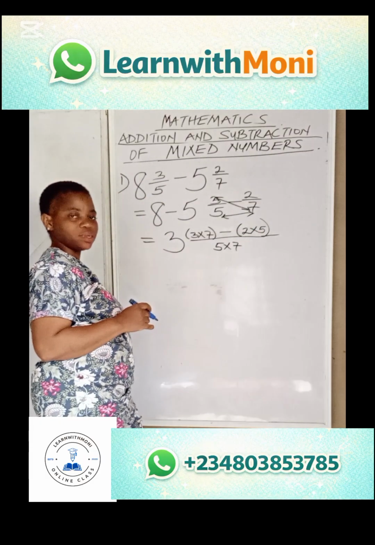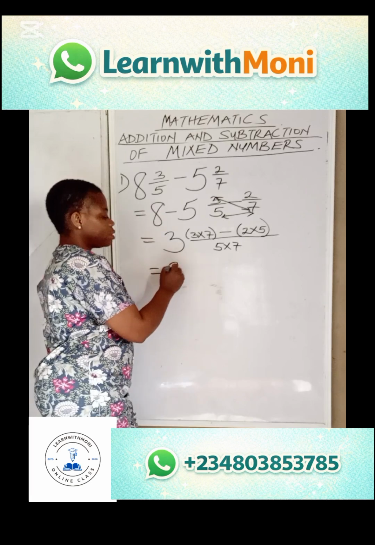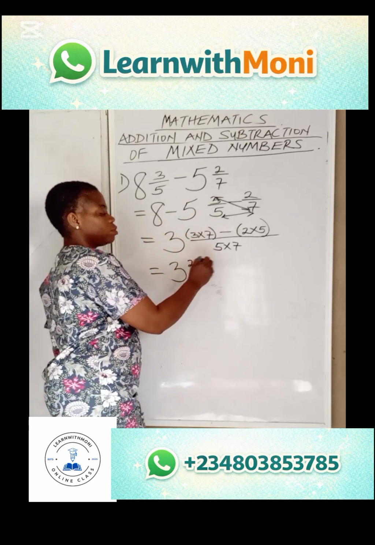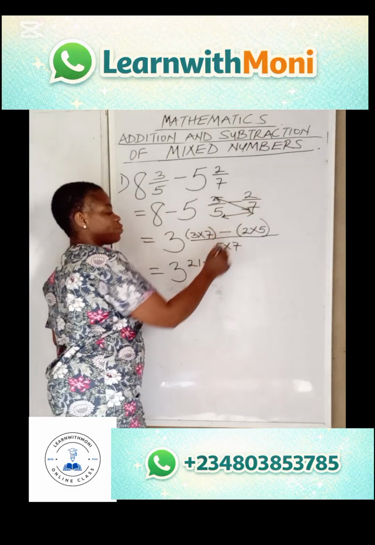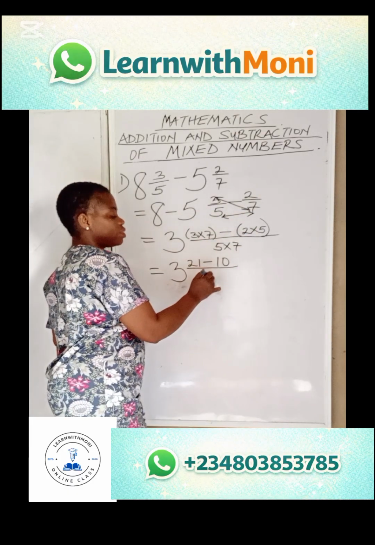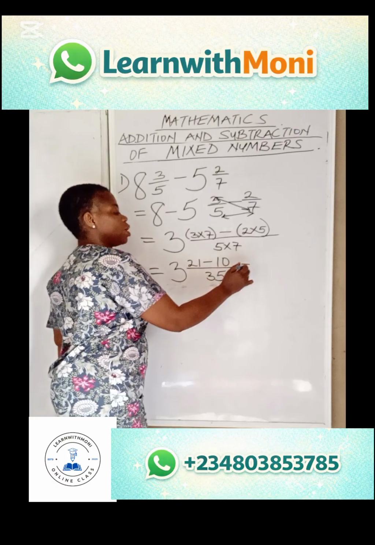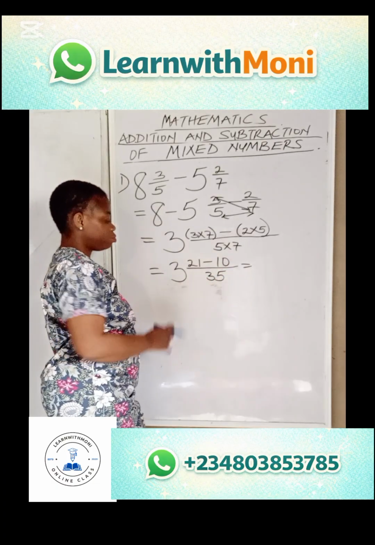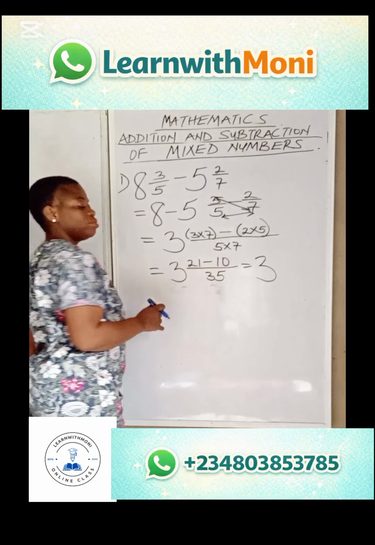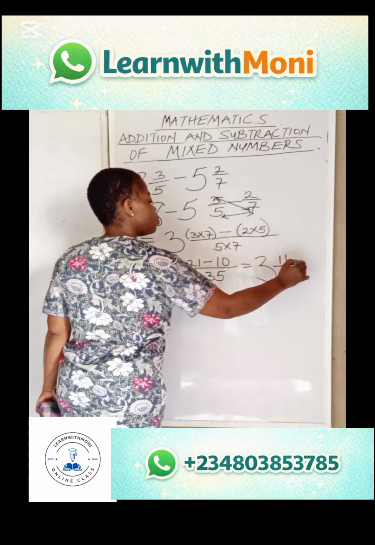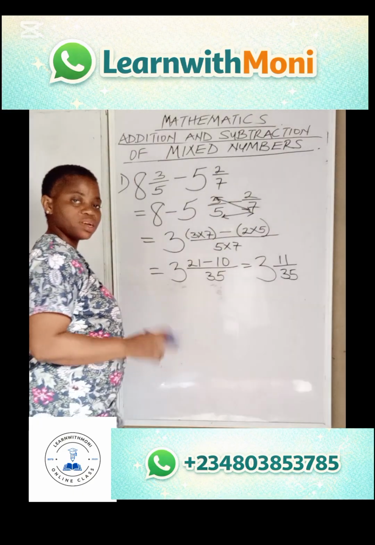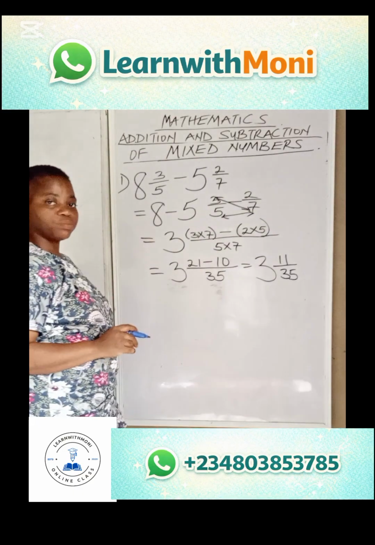It is still valid. So I have 3 wholes, 3 times 7 is 21 minus 2 times 5 is 10 over 5 times 7 is 35. That equals 3 wholes, 21 minus 10 is 11 over 35. And this is a very correct solution.